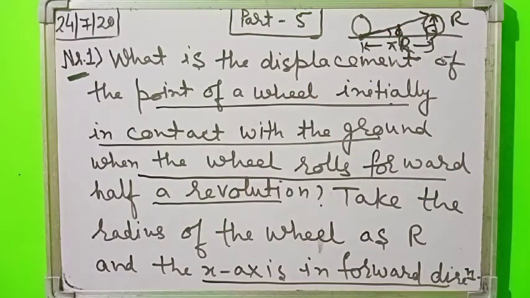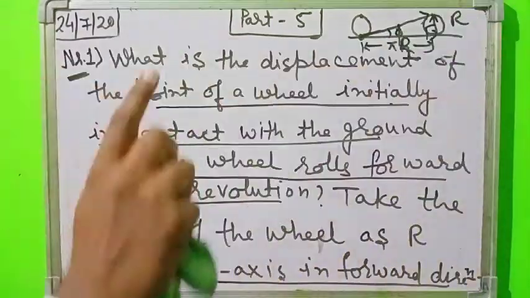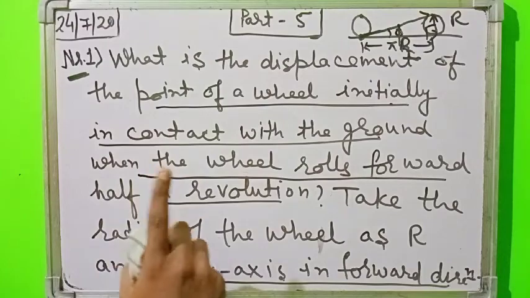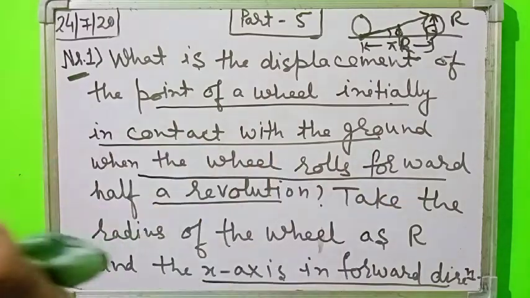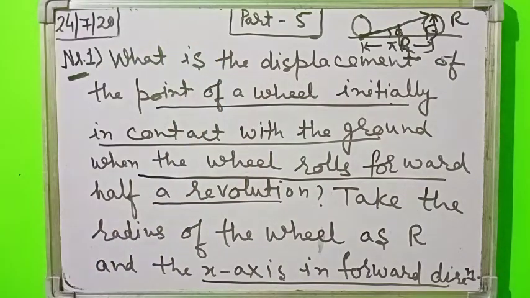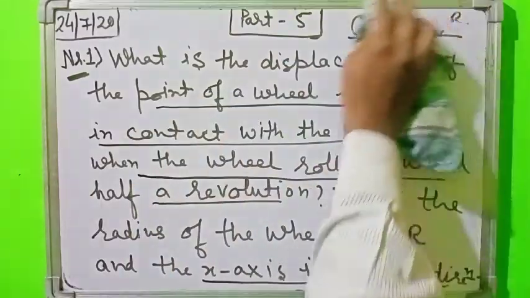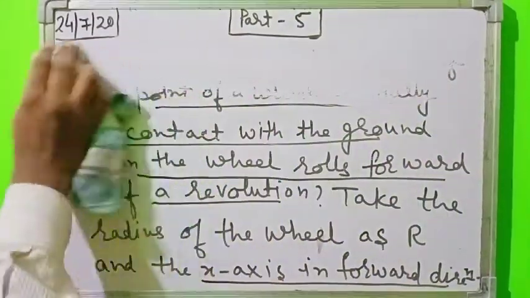I am making the detailed diagram and then we will solve the question. You can also press pause and solve this question yourself, but I am also solving it and giving you the solution.